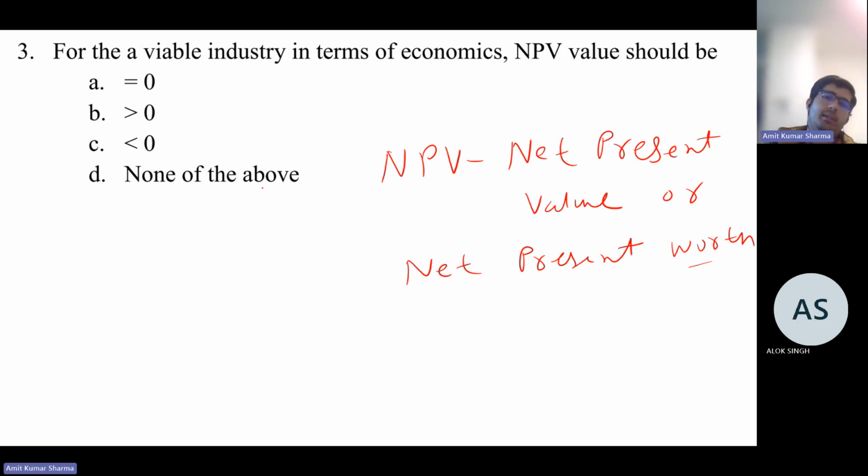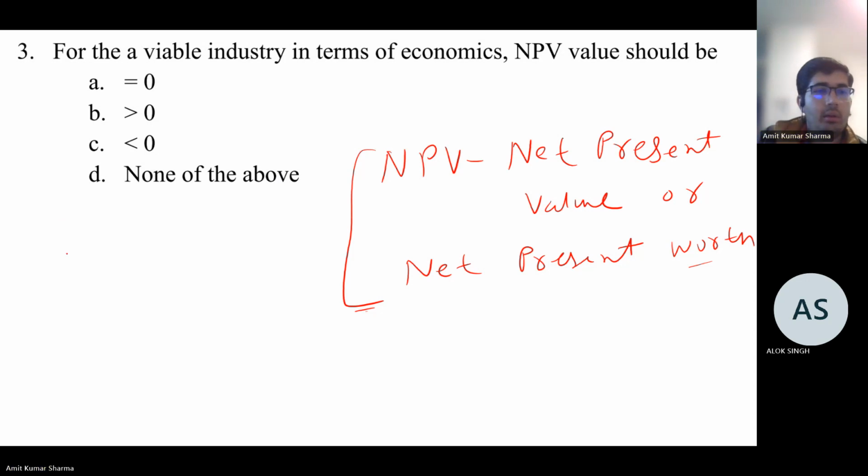Basically it is the difference between the present value of cash inflows and the present value of cash outflows over a period of time t. Because whenever we are planning to set up an industry, we will do its economic analysis. In that we will work out how much money we have to invest and how much money we will get in return. So that is the difference between the present value of cash inflows and the present value of cash outflows over a period of time t.